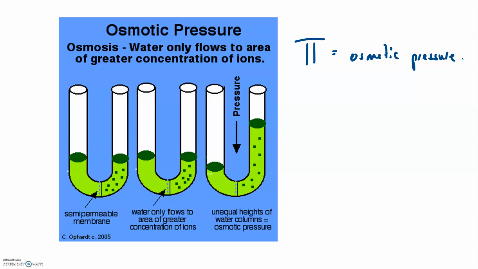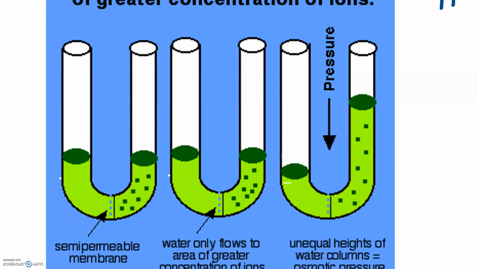If we were to take, say, for example, this is kind of a weird drawing, but it's better than me trying to draw it. Check out what happens. Let's say that we have this situation where we've got a solvent. It can be anything. Usually it's water, H2O. And we've got this osmotic pressure measuring manifold. And what we have is a semi-permeable membrane here that only allows water and doesn't allow solute to go through it.